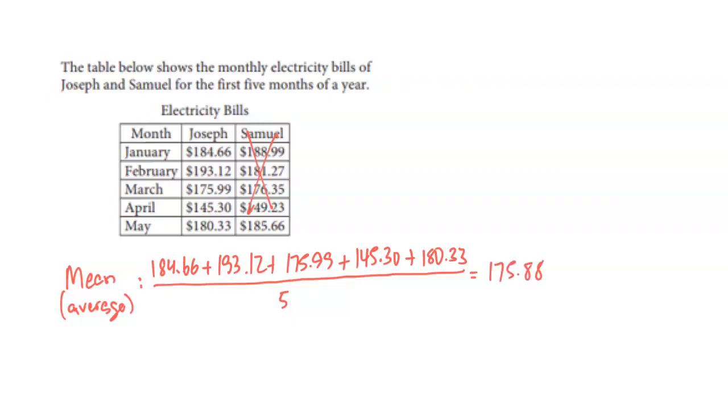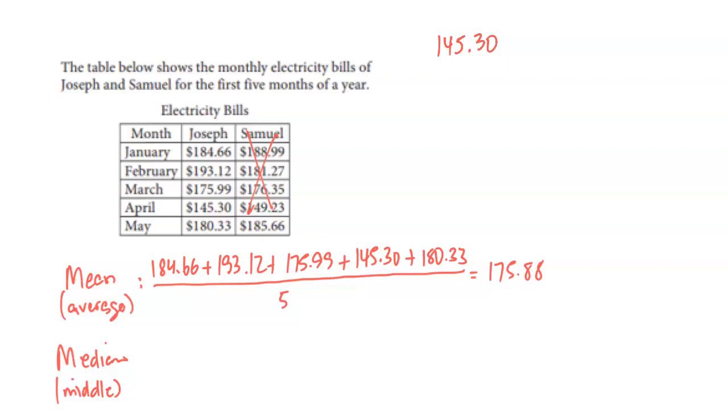Okay, the median is just a fancy word for the middle. And so in order to find the middle of a collection of data, what you're going to have to do first is write the data points in order from smallest to largest. I'm going to do that first by writing April's amount, which is the smallest value in that set of data, 145.30.